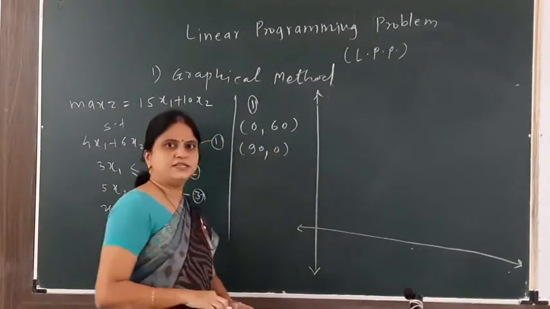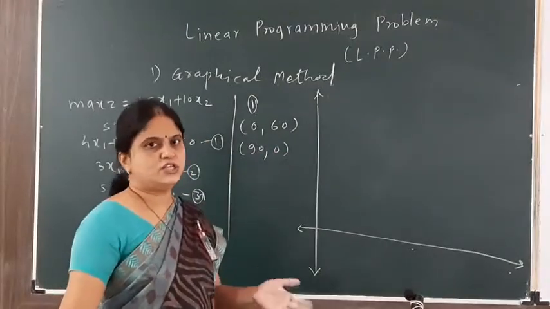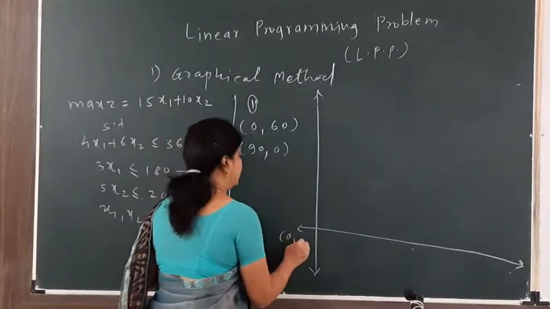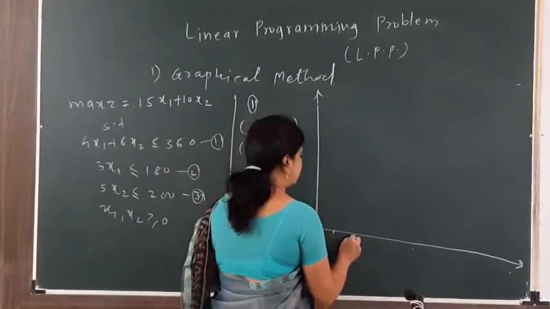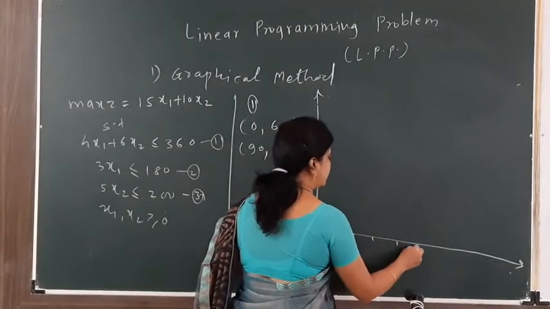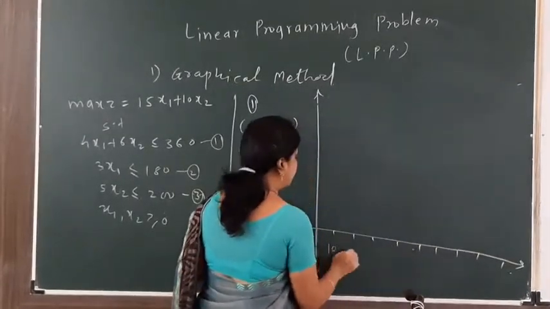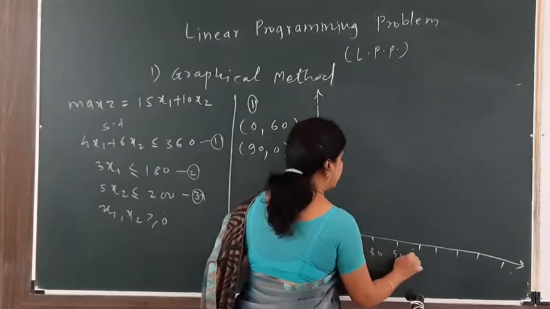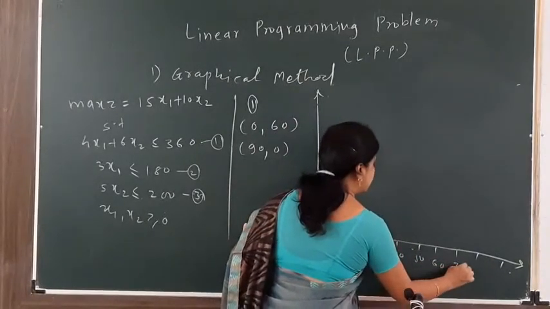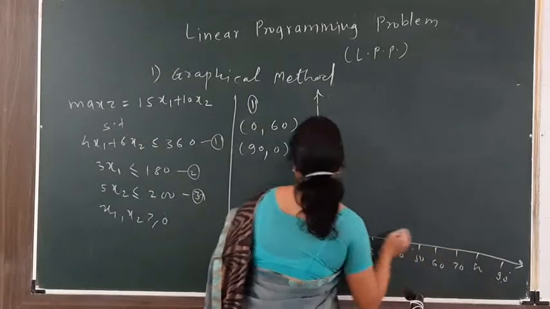So on x coordinate, I need the values from 0 to 90. Okay. So that means I have 10, 20, 30, 40, 50, 60, 70, 80, 90. Okay.